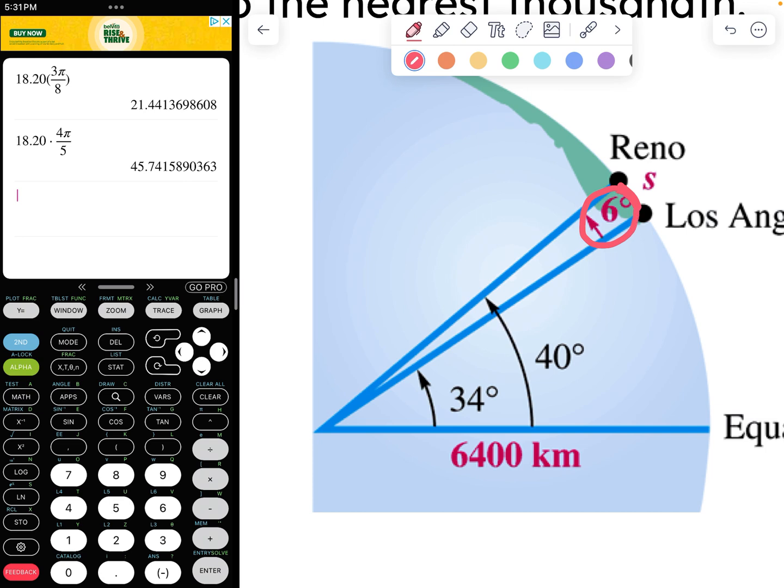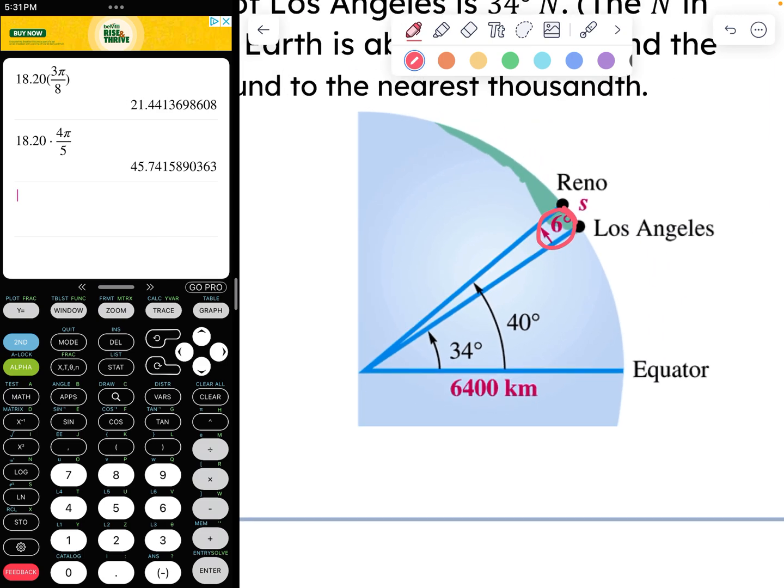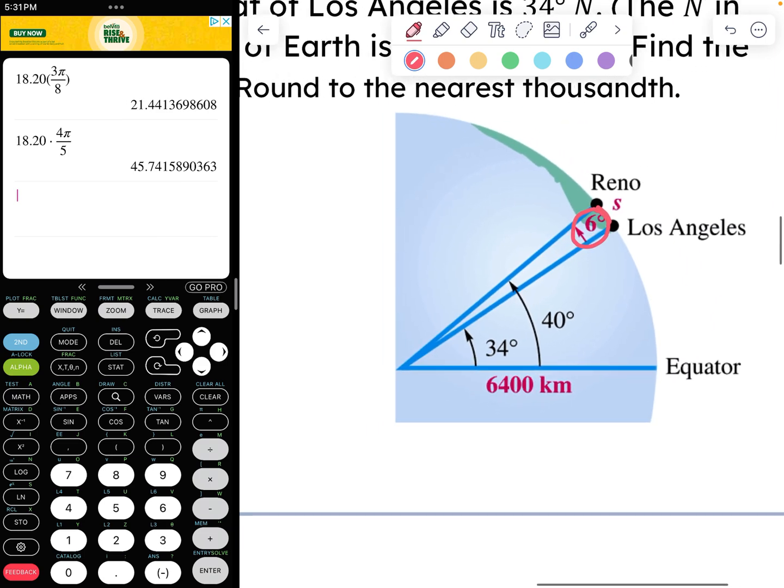But remember, we can't be in degrees here. So I'm going to multiply 6 degrees by pi over 180 to convert it into radians. So I get 6 pi over 180, which simplifies to pi over 30. That's what I'm going to plug into my calculator.